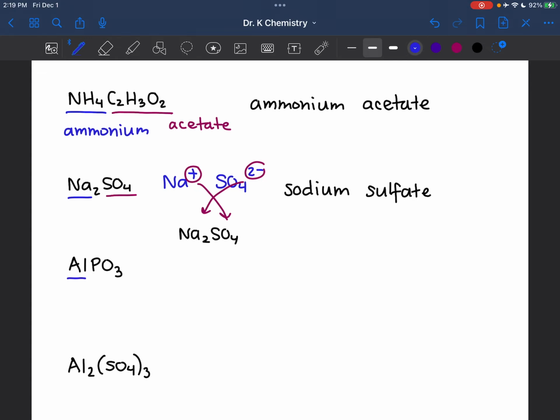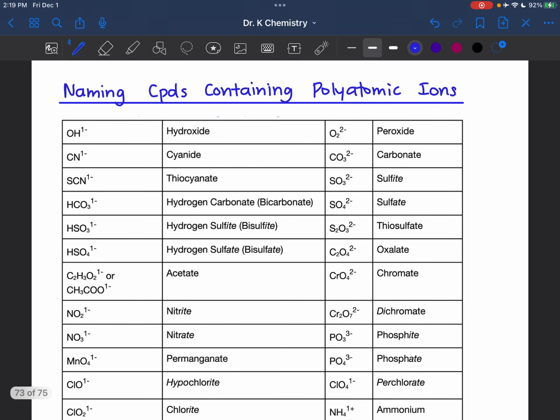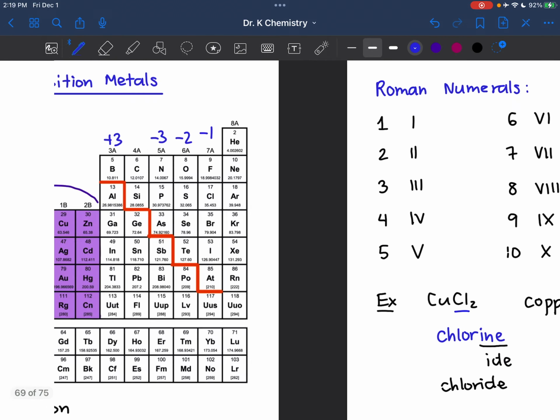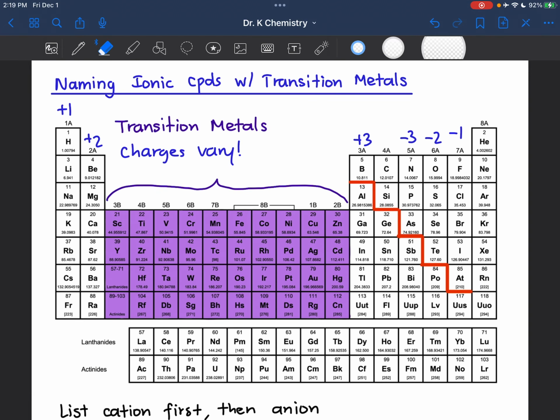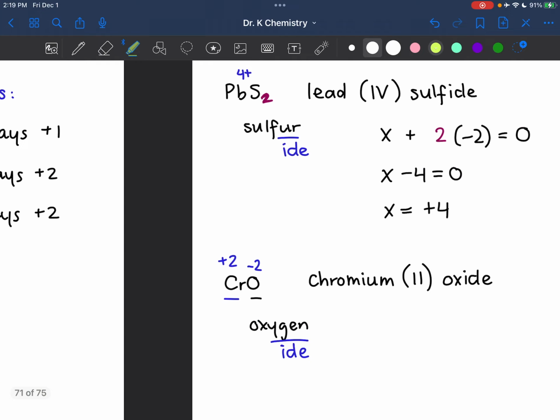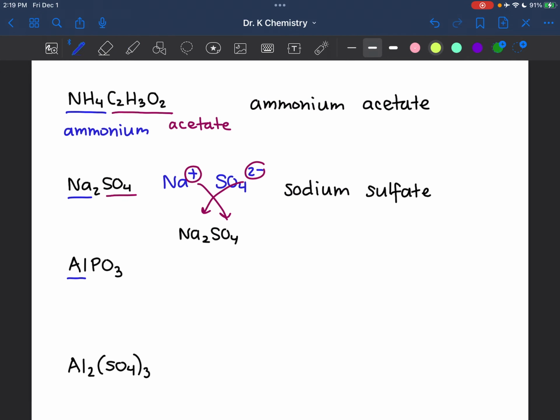This next one, we see that there is aluminum. If you were to look at aluminum on the periodic table, aluminum is in group 3A, which means it has a +3 charge. So here we are. Well, here's where things get a little bit tricky. Sometimes students see this subscript and they think, okay, is that 3 oxygens?